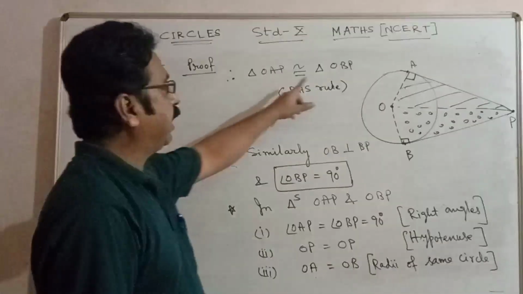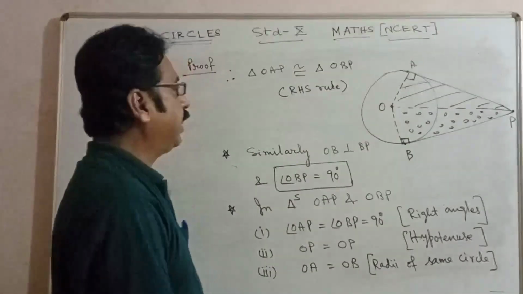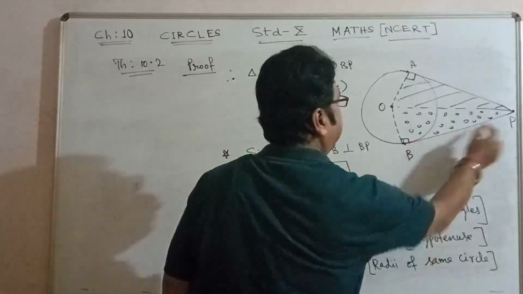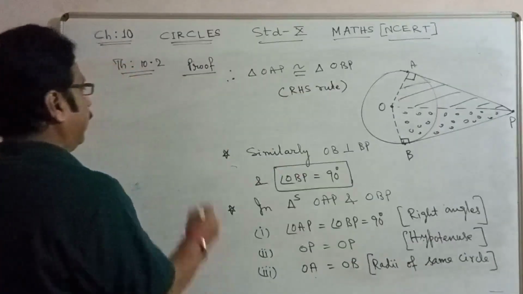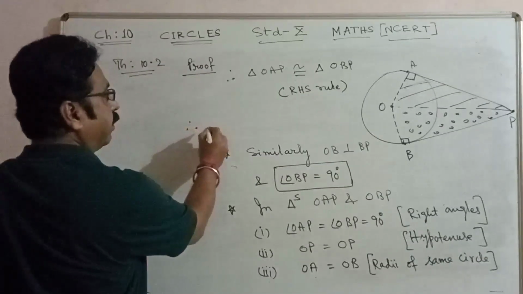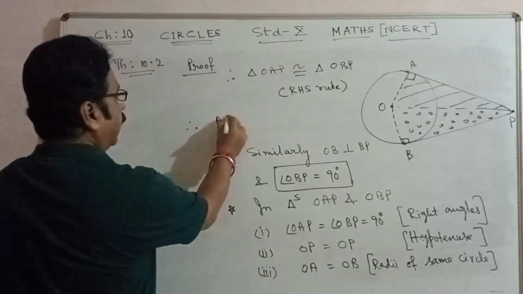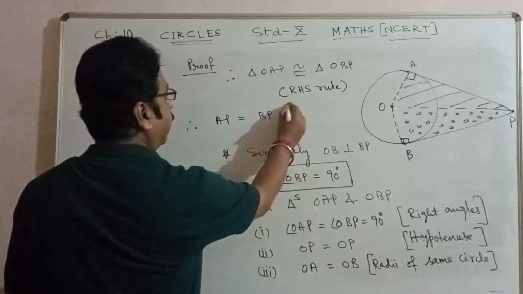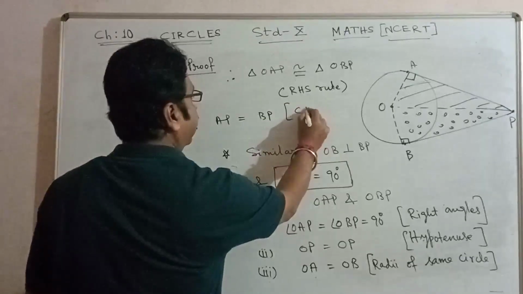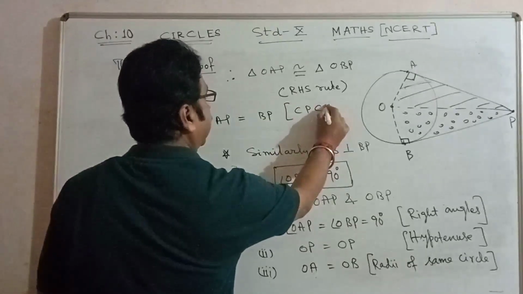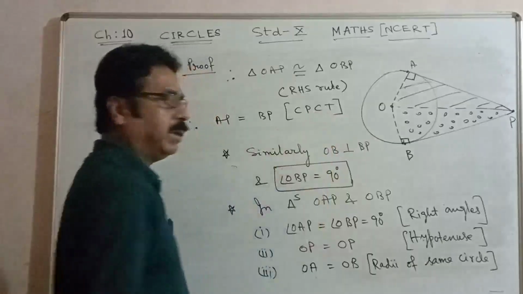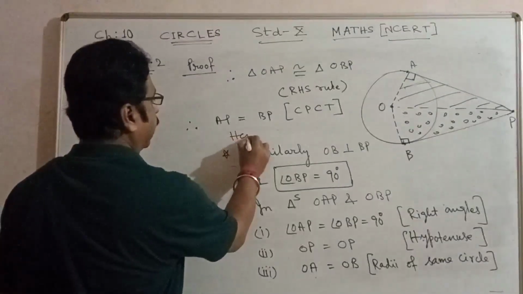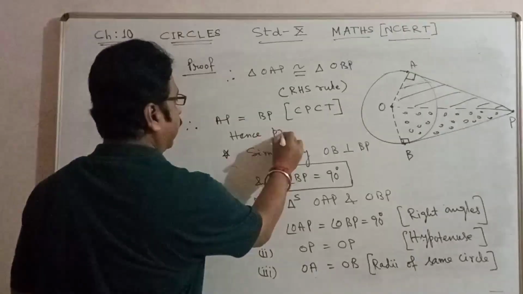Since these two triangles are congruent, we can write AP and BP, they are equal. Therefore, AP equals BP. Congruent parts of congruent triangles are also equal. Hence, proved.